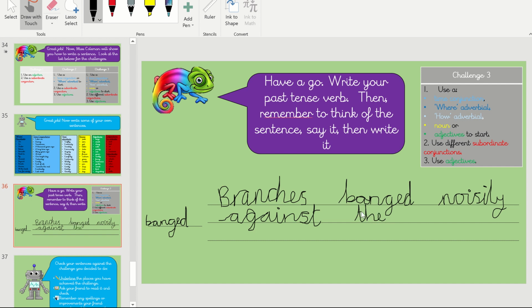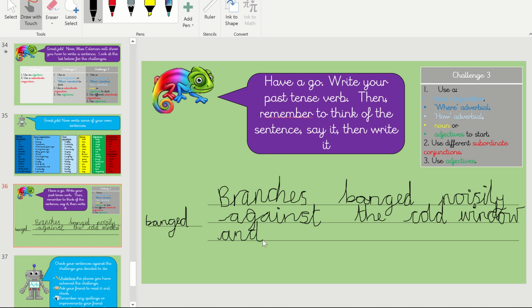Ooh, I'm going to put the cold window because I haven't put an adjective in there. I quite often forget those. Cold window. Window, O-double-E for window. And yes, I've got a conjunction in there. It's not a subordinate conjunction, but it is a coordinating conjunction.